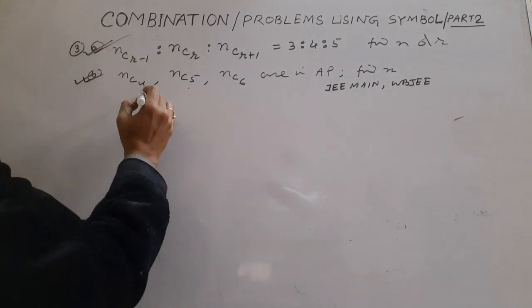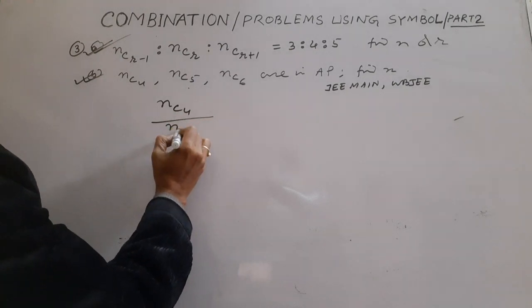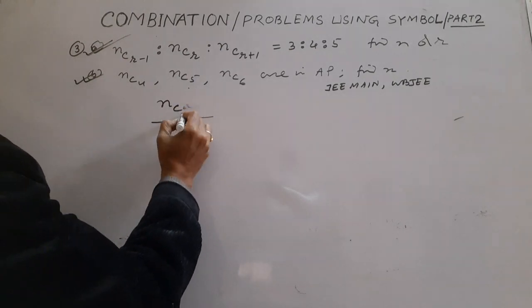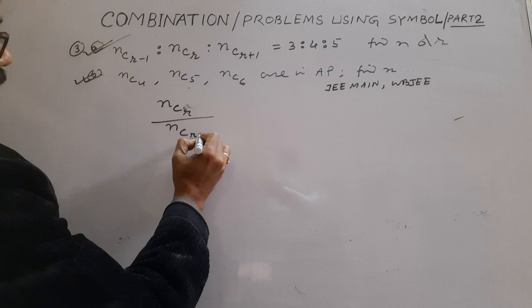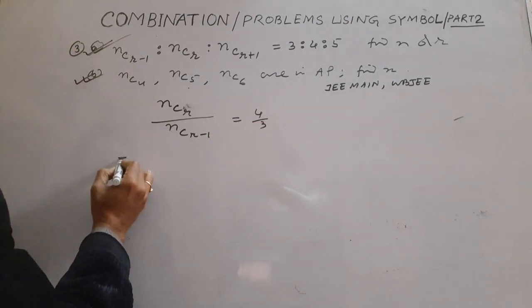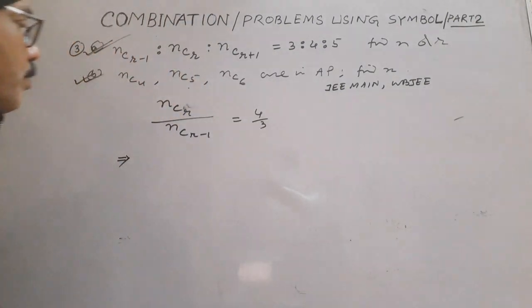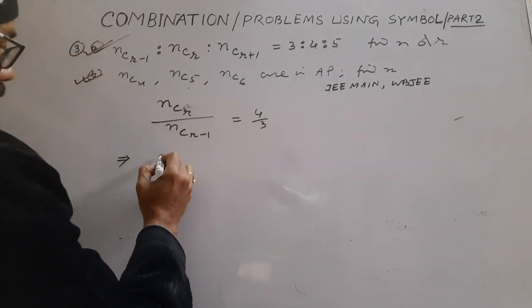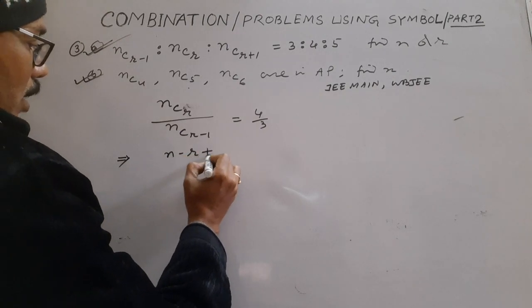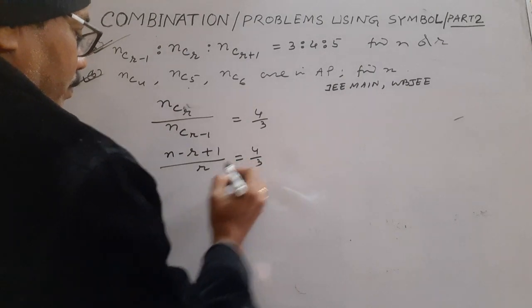So look, it is given that nCr by nCr minus 1 equals 4 by 3. Now using the above theory, this is (n minus r plus 1) by r equals 4 by 3.